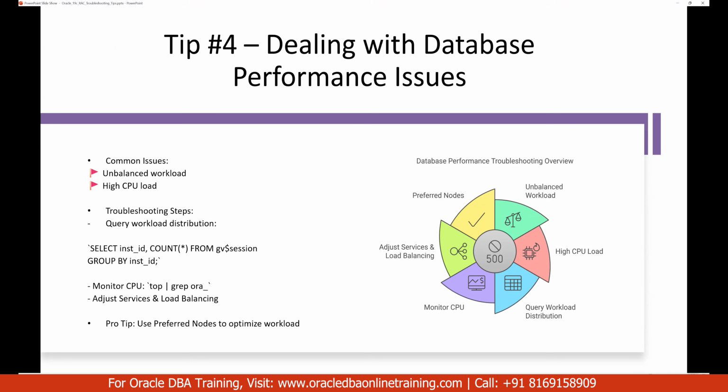Suppose we have a two node RAC setup, and one of the nodes is processing a query that is taking more resources, and maybe the query is not tuned, or the query is running for a very long period of time and has a dependency on the other node. Overall, this kind of situation can be problematic. Also, it can be an unbalanced workload.